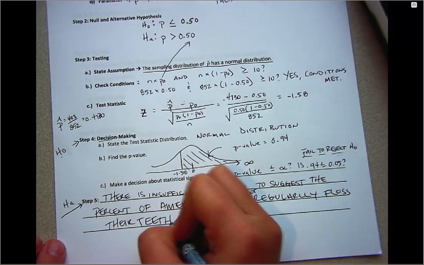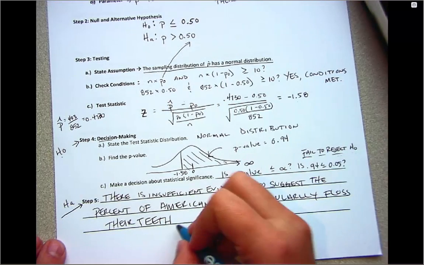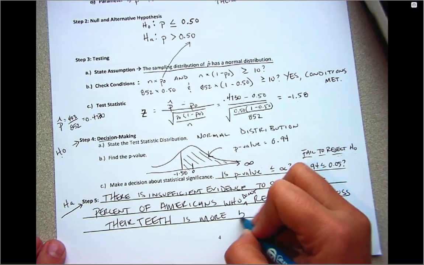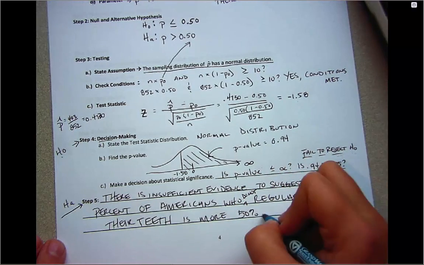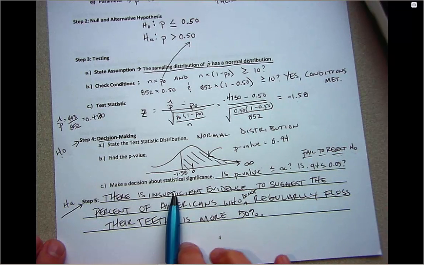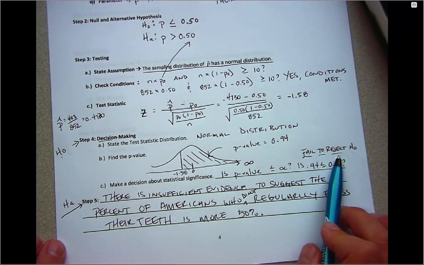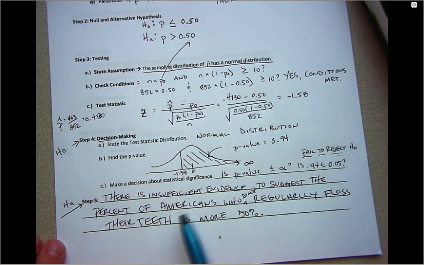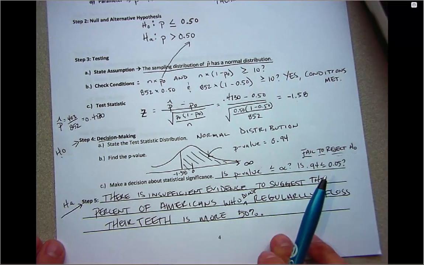And then we wanted to show that it was more than 50%. And so that's what we're going to finish our conclusion with. So there's insufficient evidence, and we're saying insufficient because we failed to reject, to suggest the percent of Americans who do not regularly floss their teeth is more than 50%.